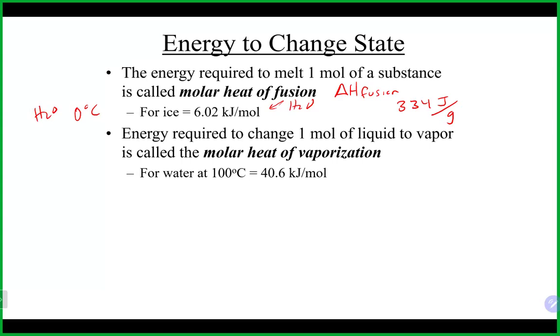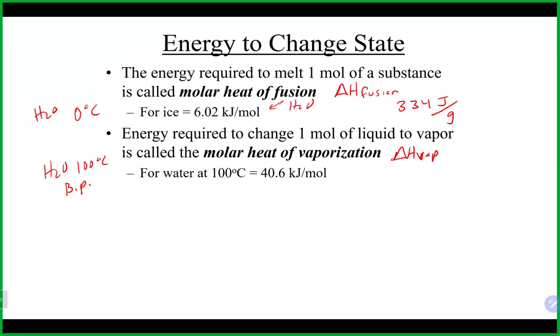There's also a certain amount of energy associated with the transition of going from liquid to gas or gas to liquid at the normal boiling point. And once again, for water here, 100 degrees Celsius is the normal boiling point. And that is the delta H of vaporization. So the delta H of vaporization is the heat required to do that transition. Again, we're not really changing temperature.